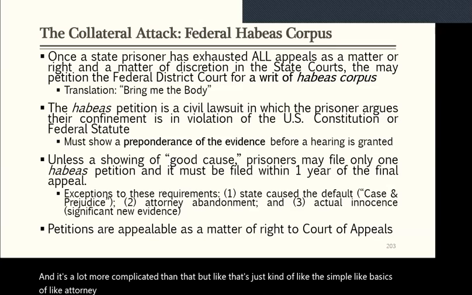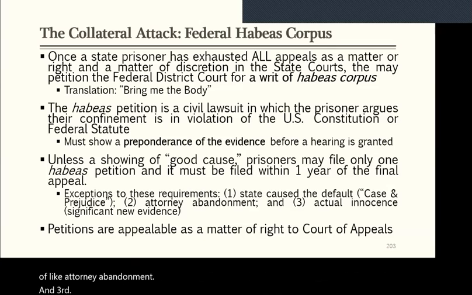And then third, now this is the weird thing, is you may be able to claim actual innocence, right? So if you show good cause, let's say it's over a year.